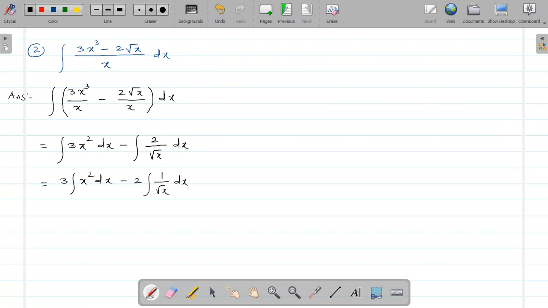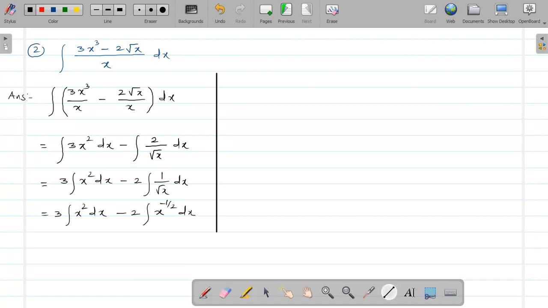Now integration of x square is easy, but how will you integrate 1 upon root x? For that I will rewrite 1 upon root x as minus 2 into integration of 1 upon root x, which is actually 1 upon x raised to 1 by 2, but I will write it as x raised to minus 1 by 2 dx. So I have to evaluate the integration of x raised to minus 1 by 2 here, and here it is x square.